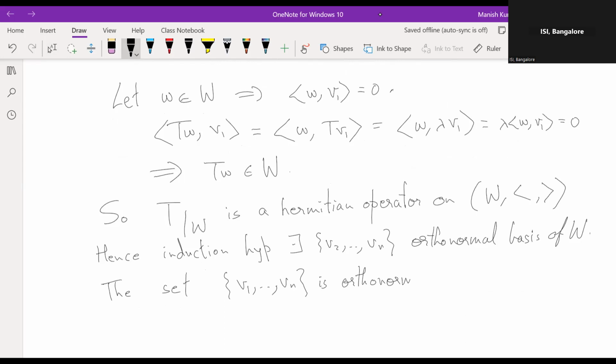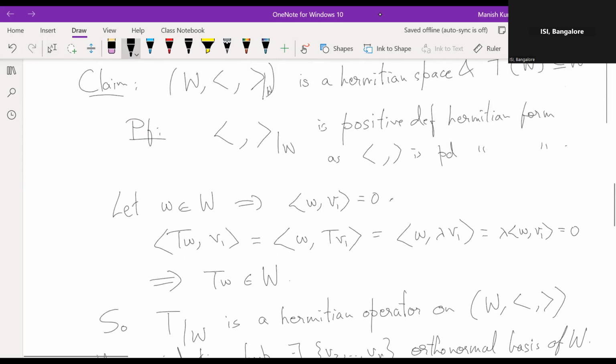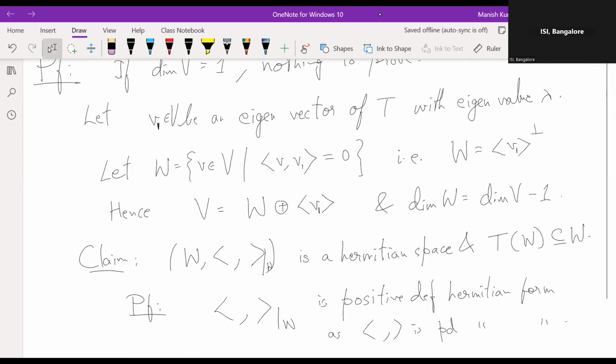I mean V1 is orthogonal to everything. Yeah. So it is orthogonal to V2 to Vn and it has norm 1. So did I choose that? So let V1 be an eigenvector of T of norm 1 such that.